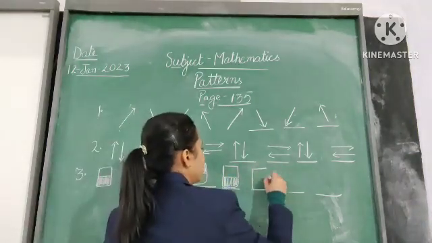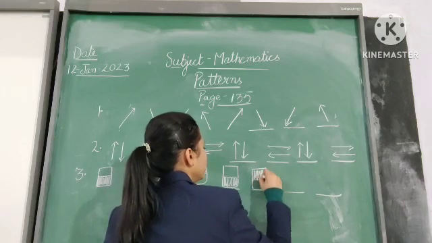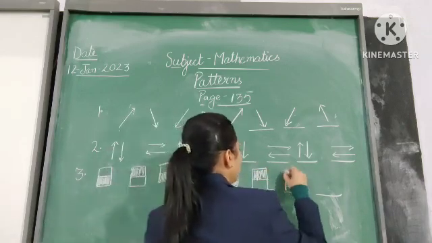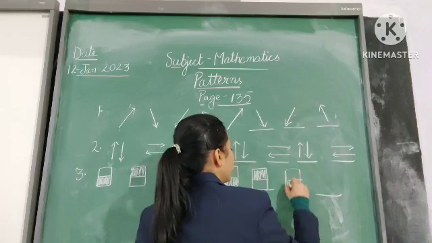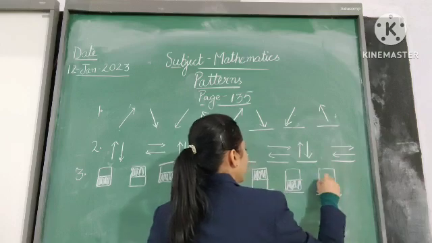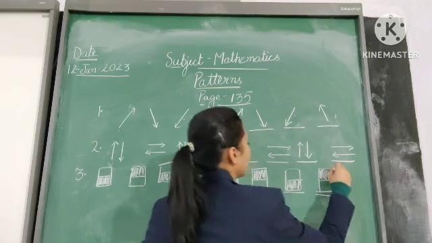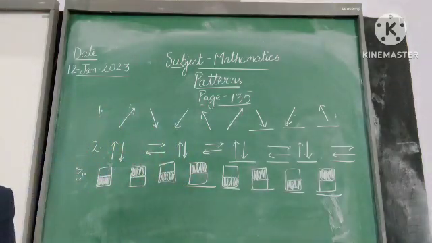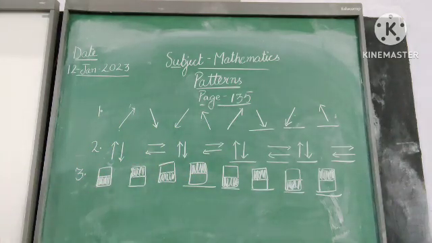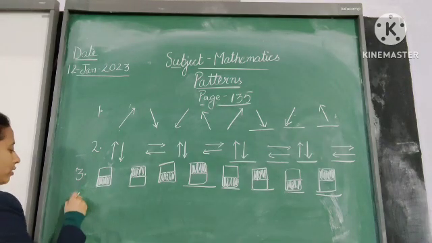Next, this box will have color in the top portion, and then in the bottom portion, and then again in the top portion. I hope this is clear to you all.